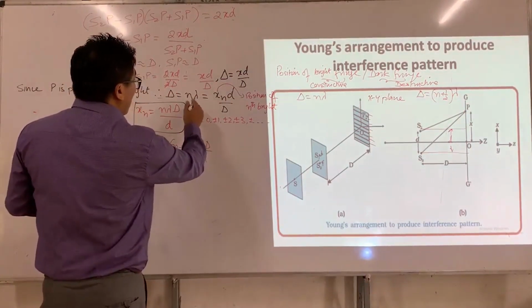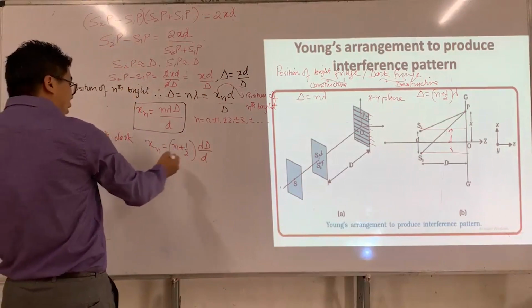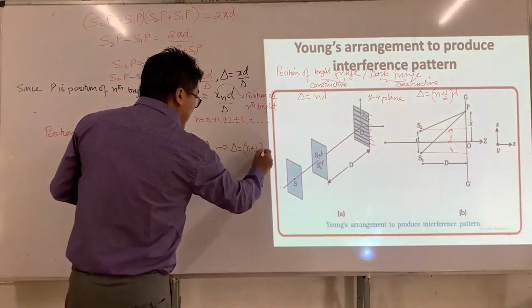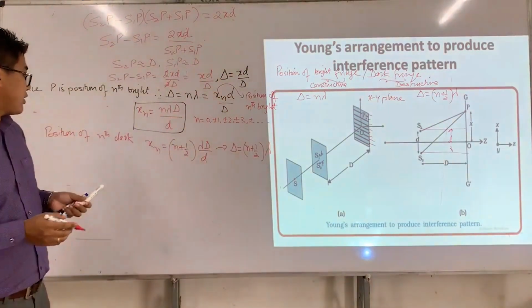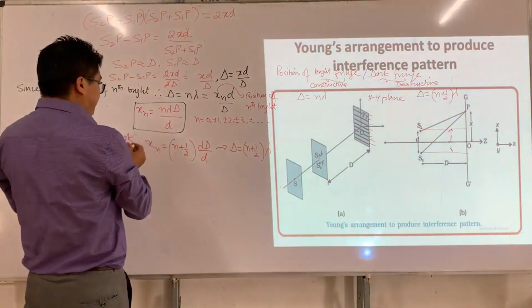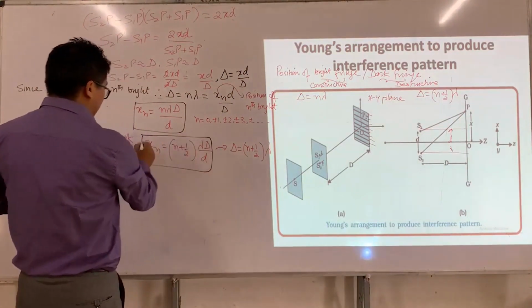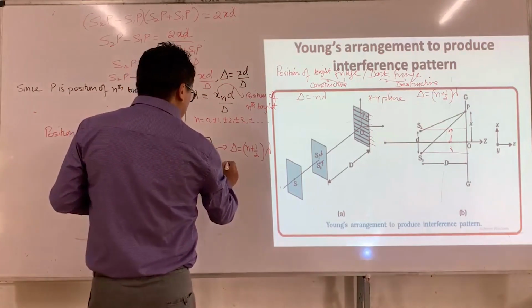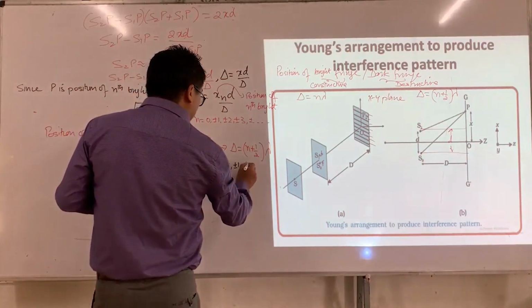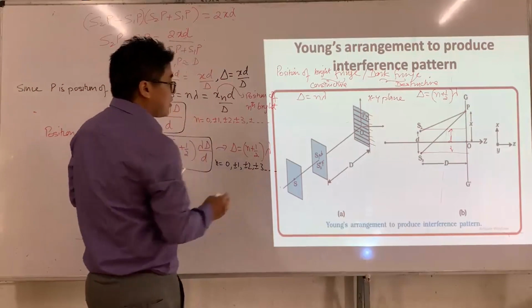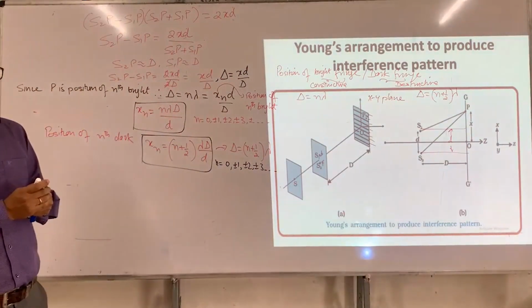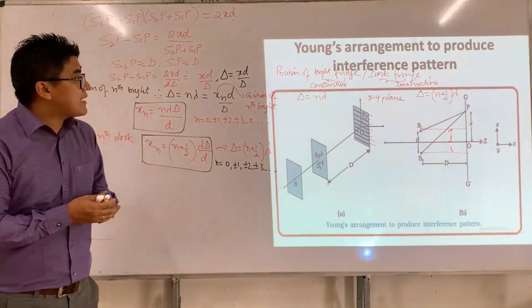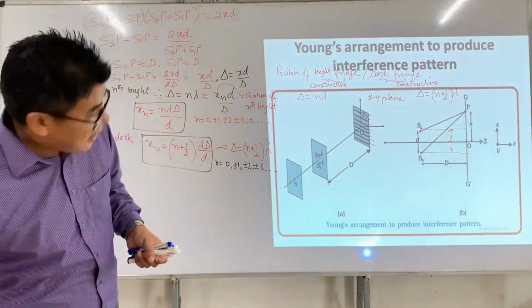So this is the position of n dark, where n is equal to 0, plus minus 1, plus minus 2, plus minus 3, and so on. So now we could find the position of n bright and n dark.